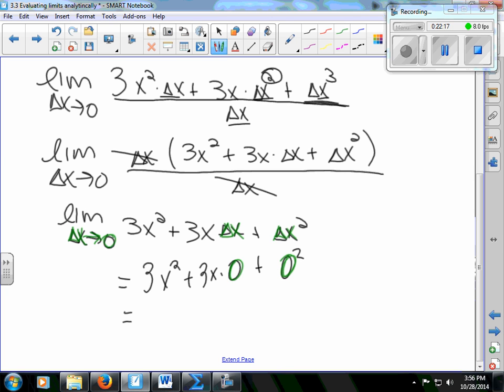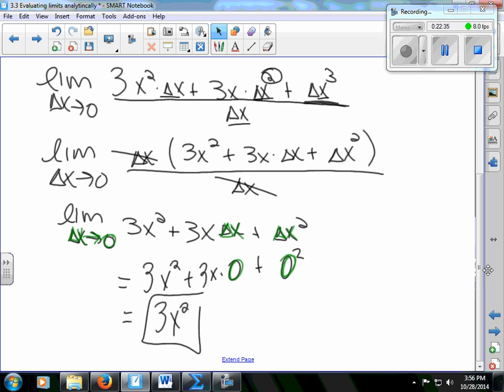Nothing happens to him. He just hangs out, and you operate on him because he's there. But it's the delta x who's approaching 0. He's the one I replace with 0. This becomes 3x squared because 3x times 0 and 0 squared is 0. And so your answer has an x in it, and the answer is 3x squared. And this concludes 3.3, solving limits algebraically.